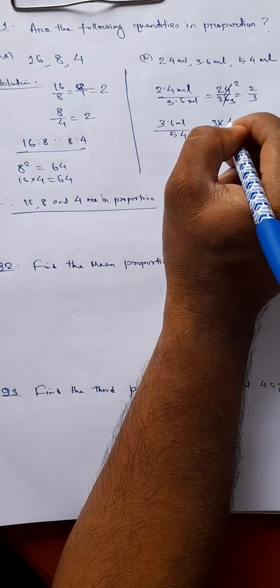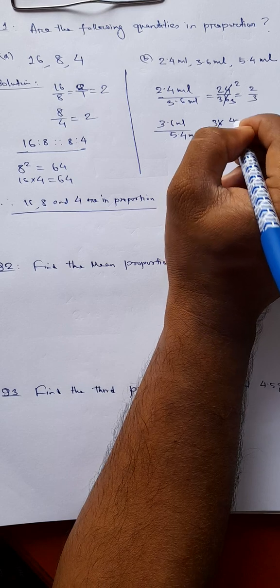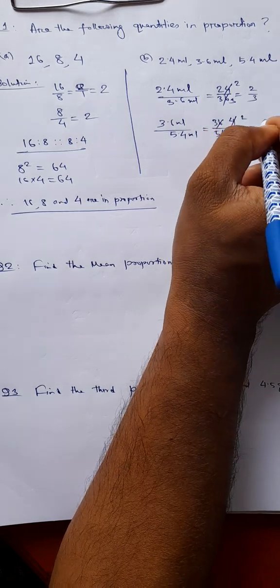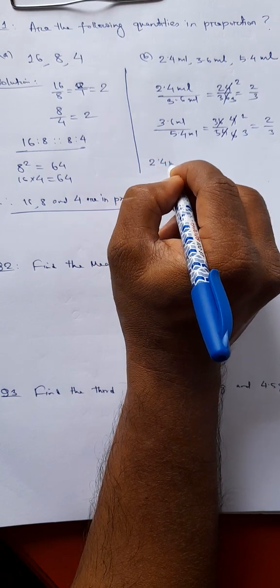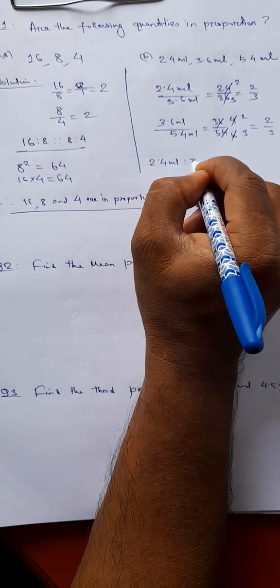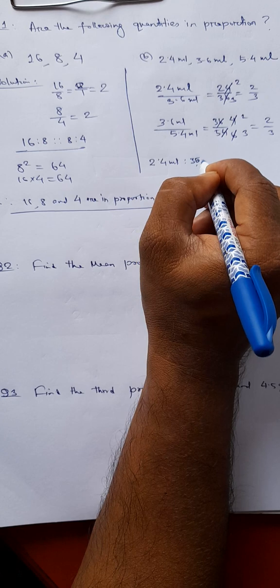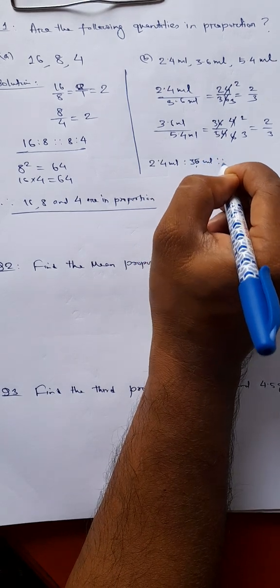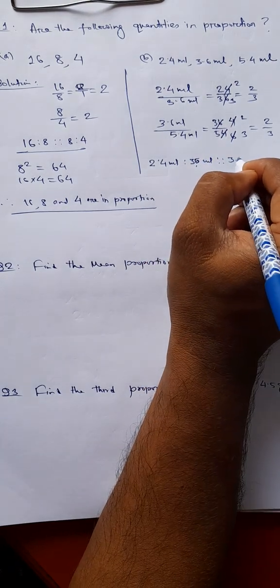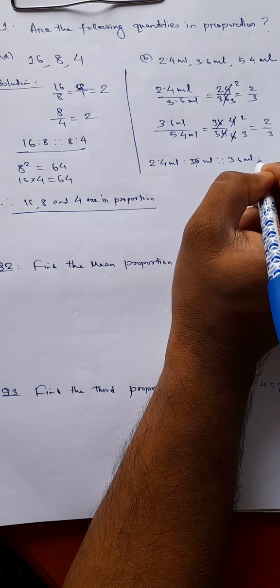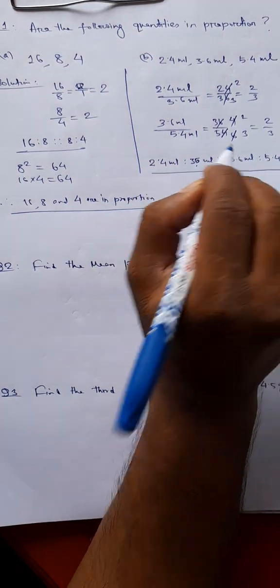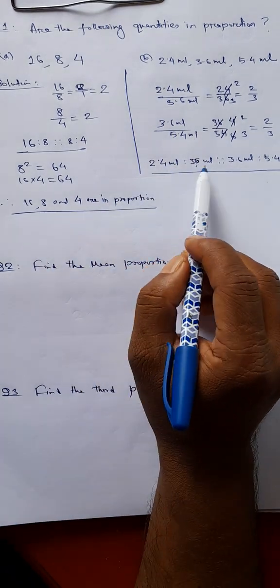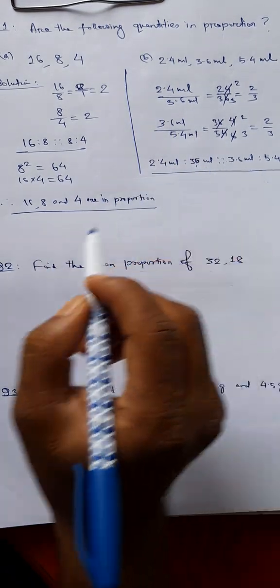Dividing by 18, we get 2 by 3. Therefore 2.4 ml is to 3.6 ml proportional to 3.6 ml is to 5.4 ml. They are in continued proportion, right? A is to B equals B is to C.